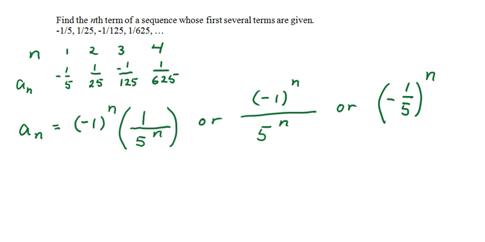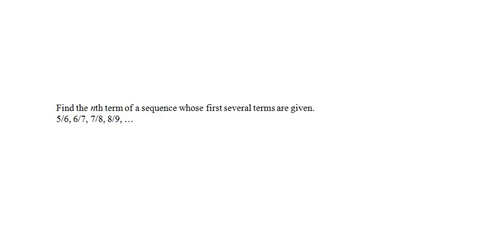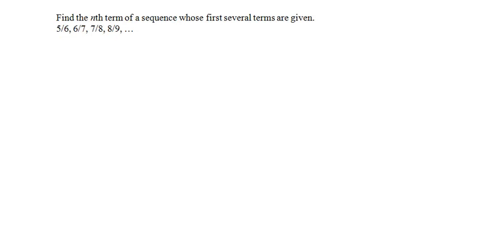So let's try then the next one. Find the nth term or general term of the sequence for which the first four terms are 5/6, 6/7, 7/8, and 8/9. Well, these go with terms that have n equal 1, 2, 3, and 4.